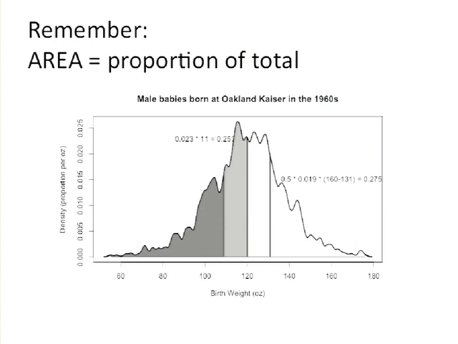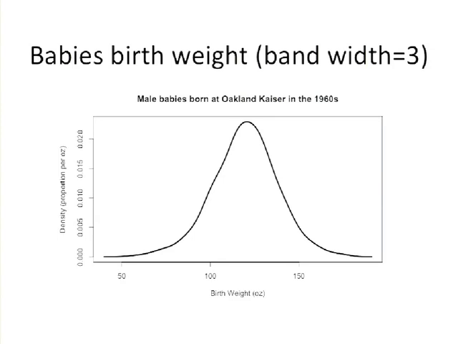When I look under this very squiggly one and ask, what's the area here? Or I look under the very smooth one and ask, what's the area here? Because I'm smoothing my observations, spreading them out to contribute to the density at different places, I'll get slightly different answers.